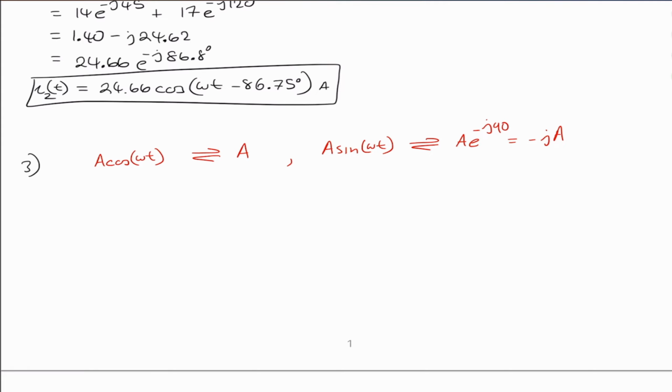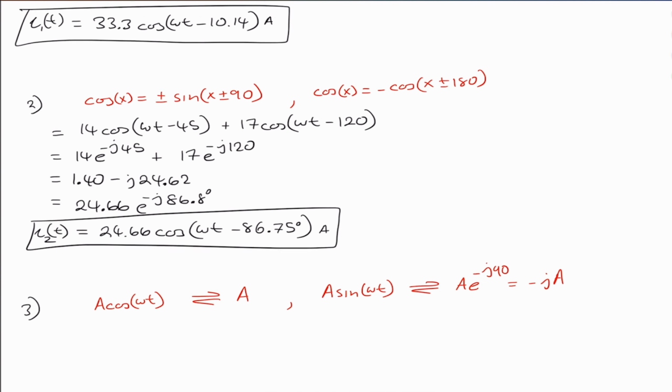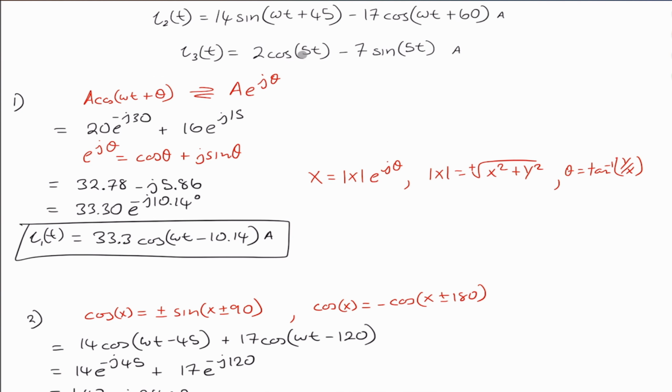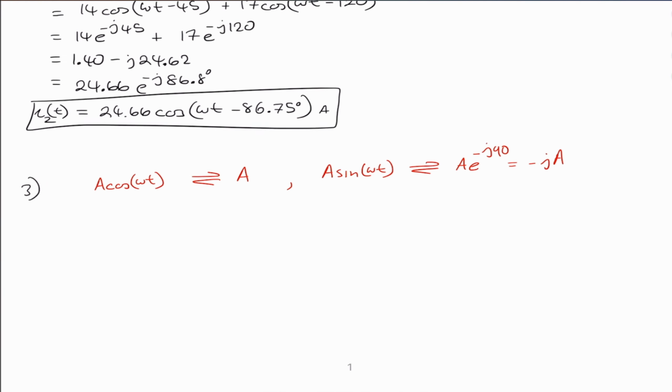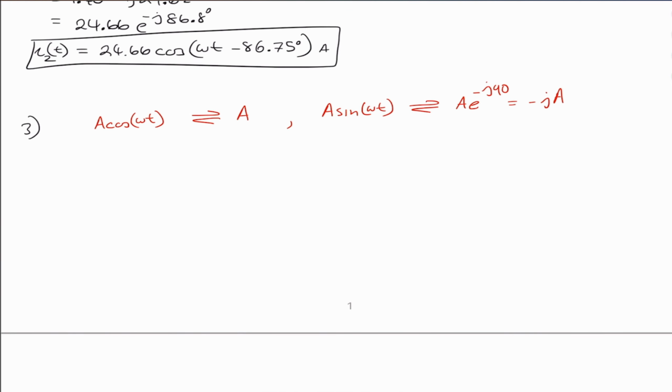That's pretty much obvious. So if we go back up here and see our following expression, we can say that I3 of t is equal to the first portion of this.